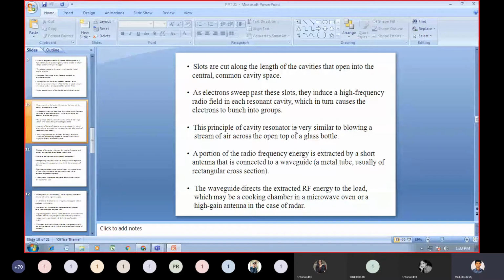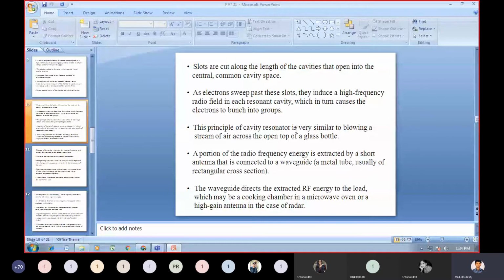A portion of the radio frequency energy is extracted by a short antenna that is connected to a waveguide, which means a metal tube, usually of rectangular cross section.